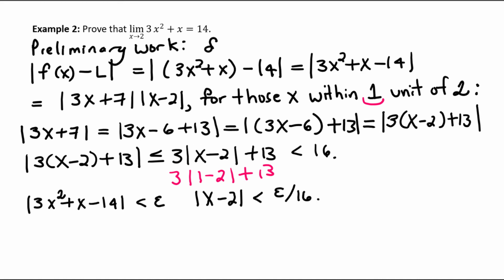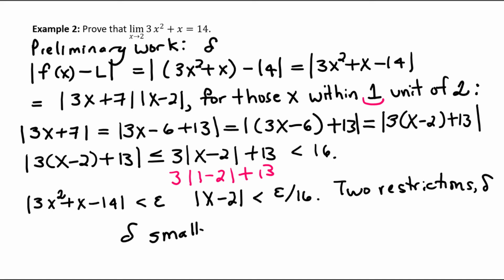Notice at this time we have 2 restrictions. The delta must be the smaller of the epsilon over 16 and the 1 we previously chose. We actually have enough information now to write the proof.